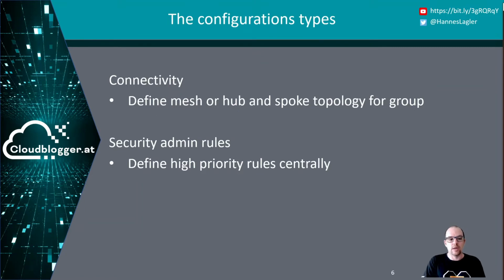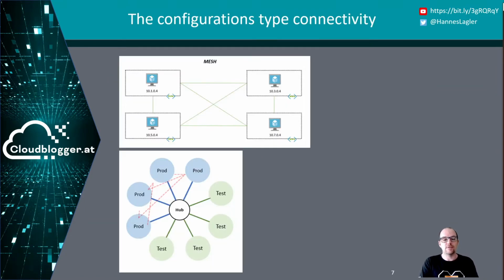Okay, so from the connectivity perspective, you have two options. You have the mesh option, a full mesh connectivity. You will see this on the first screen. So you have different virtual networks and each virtual network is connected to each other. The second option is a hub and spoke technology.